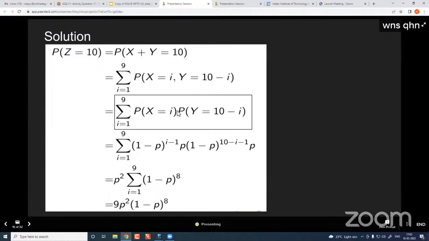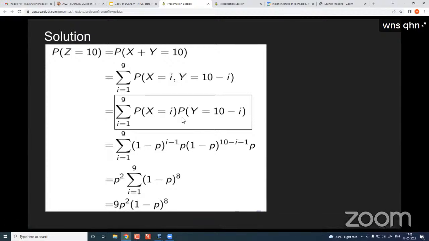This is the same step, only the multiplication is written. Why does the multiplication happen here? Because X and Y are independent of each other, so we can multiply the probabilities. What is the probability that X equals I, if this is a geometric variable with parameter P?